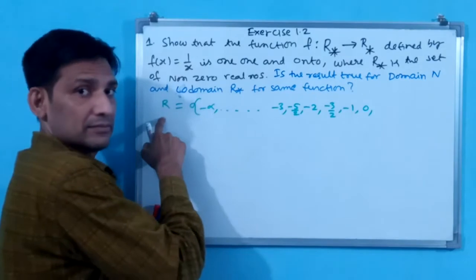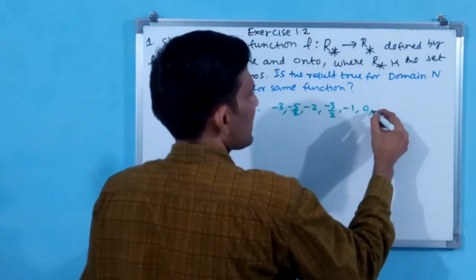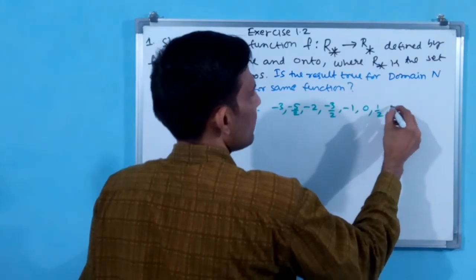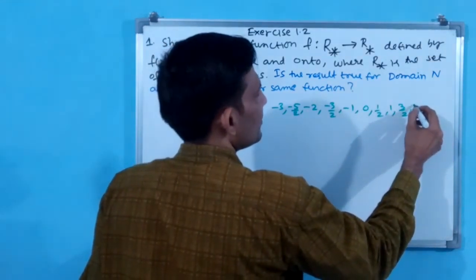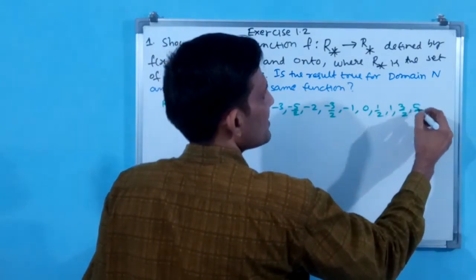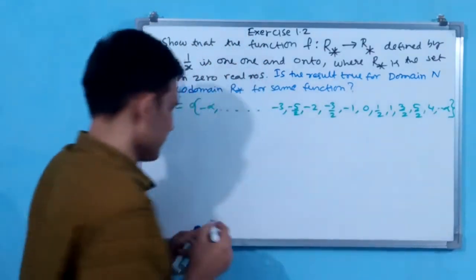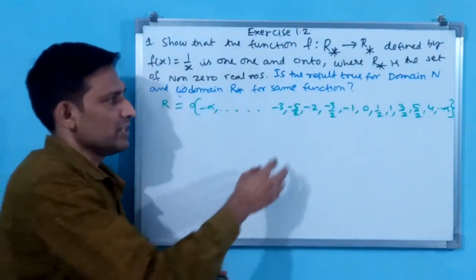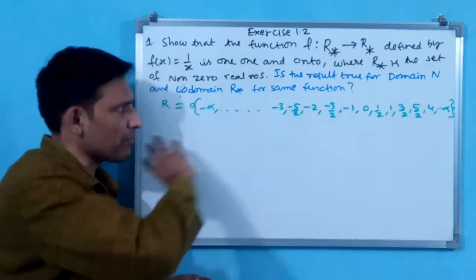Like this, 1 by 2, 1, after 1, 3 by 2, then 5 by 2, or 4, like that infinity will be there. See, this is the real numbers. In between minus 1 and 0, several numbers are there, but approximately I have written.